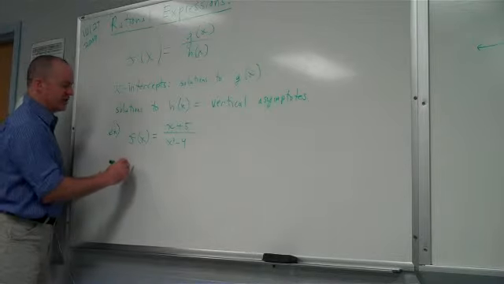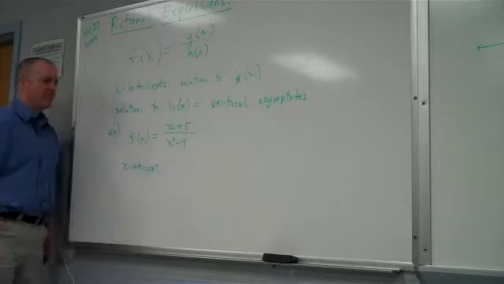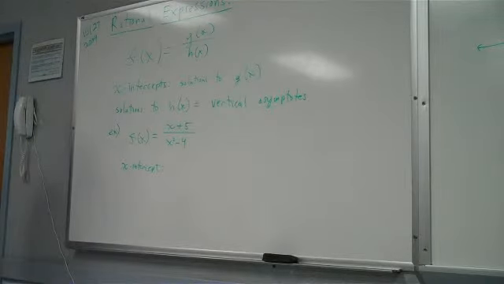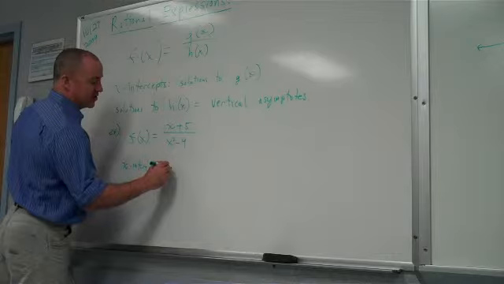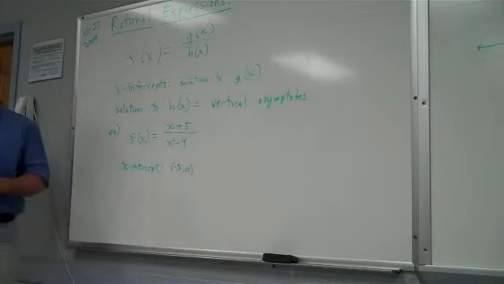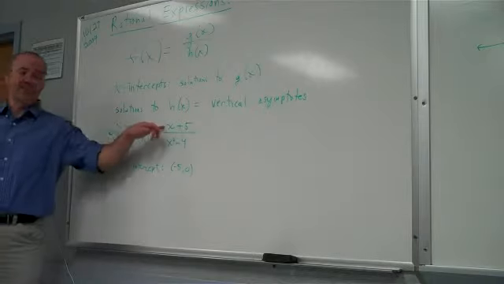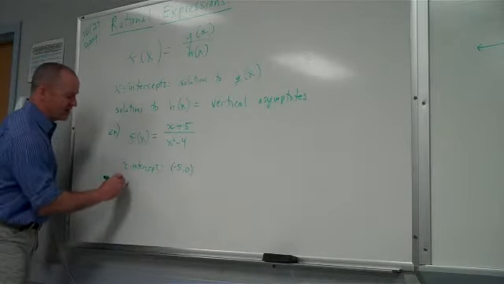An x-intercept is a solution to the polynomial on the top. What makes the top equal to 0? -5. So the x-intercept is going to be at -5, 0. You get that makes the top 0? Okay. Where are my asymptotes?